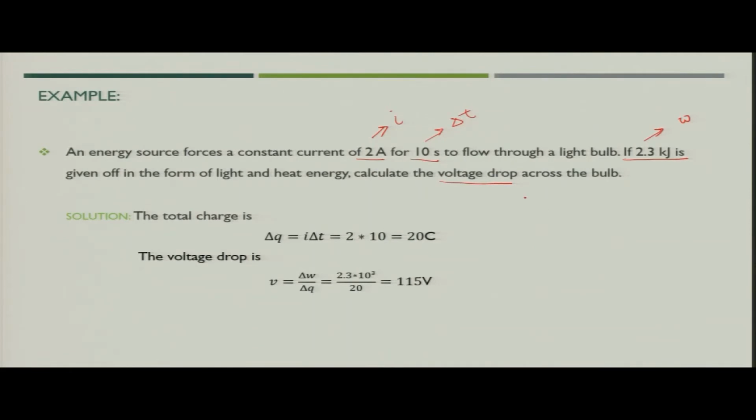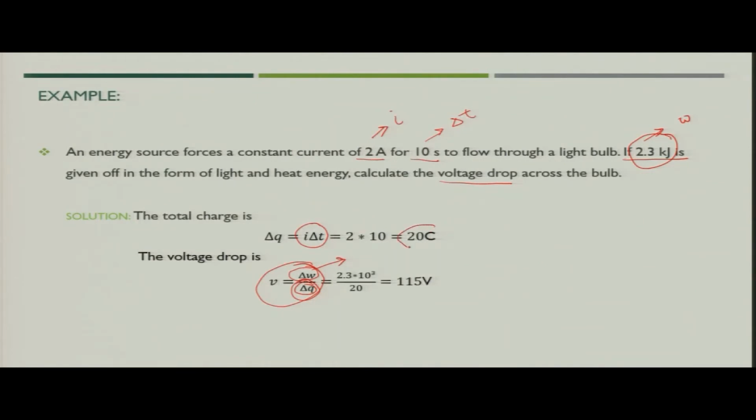So, first you have to recollect the expression for voltage. Now, you need to find out the value of delta q. Delta q is nothing but the product of current and time. Time is given as 10 seconds, and the current flowing through the element is 2 ampere.